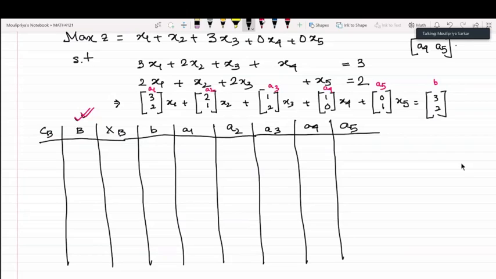That implies it is the identity matrix having order 2 by 2, which is always not equal to 0, which is the requirement for the variables to be the basic variables. So we are considering x4 and x5 to be the initial basic variables.